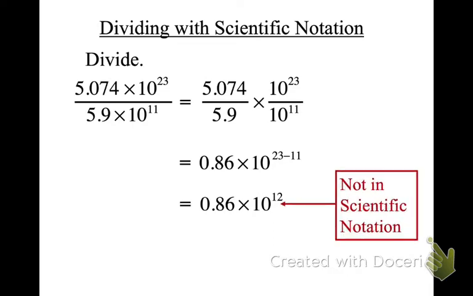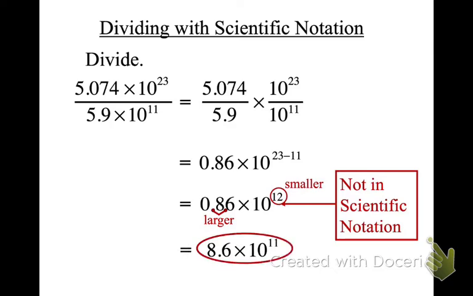Okay, now we're not in scientific notation, so when we're left with, it's what you do in the end. Notice this is not a number between 1 and 10, 86 thousandths. So we actually this time have to make it bigger. So if I make it bigger by 1 decimal, then my exponent gets smaller by 1. Okay?